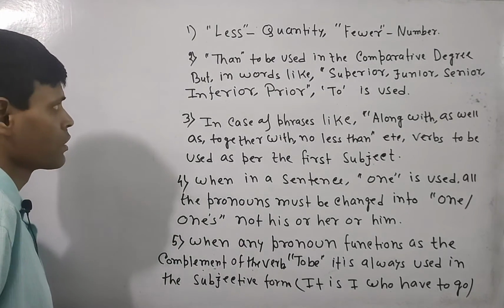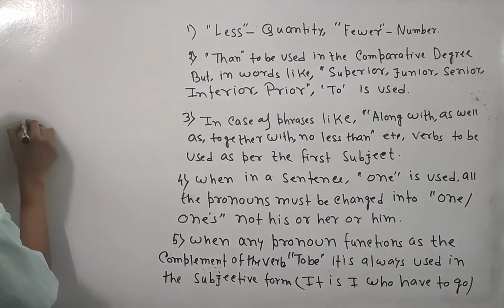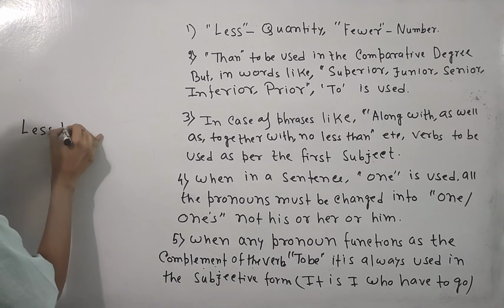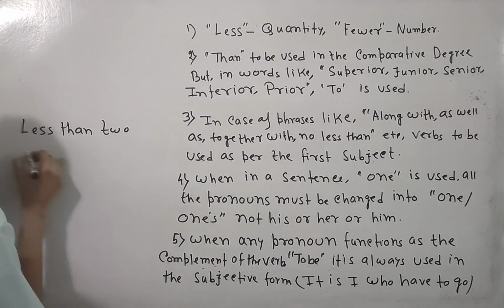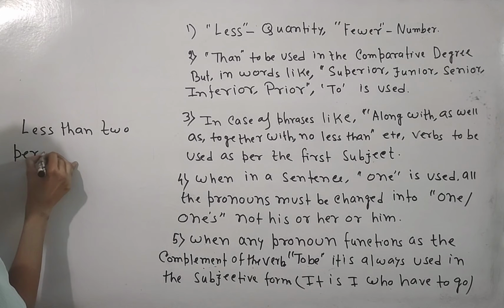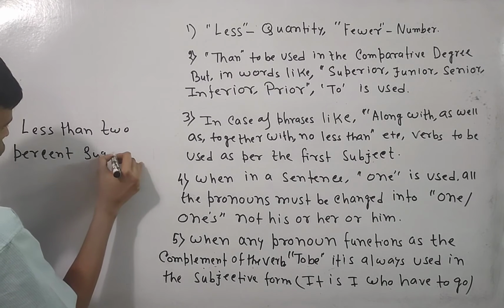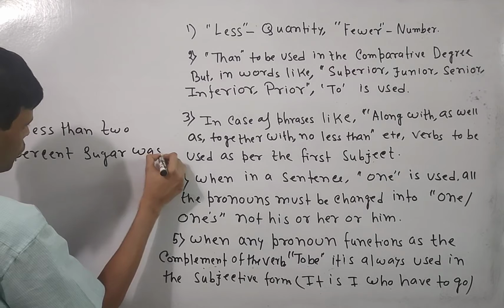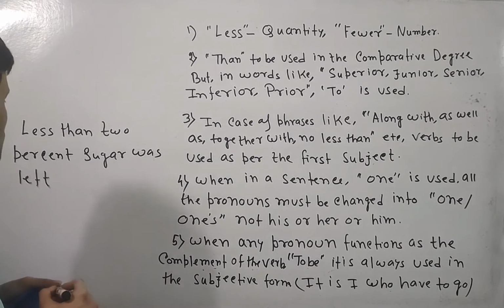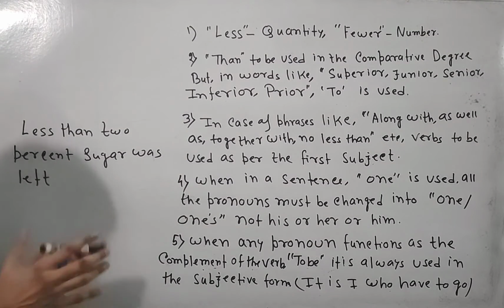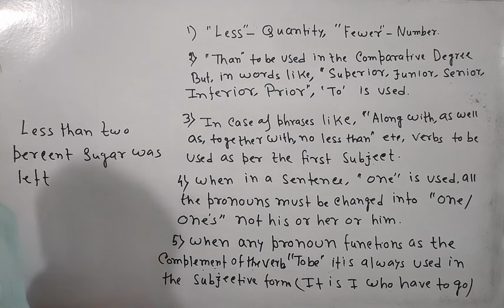Now what does it mean? Less indicates quantity. If I say, less than 2% sugar was left, whenever you say sugar, it is all about quantity, not about number.